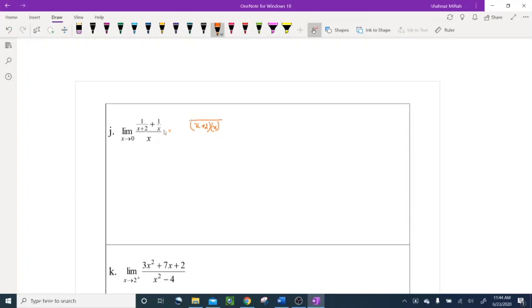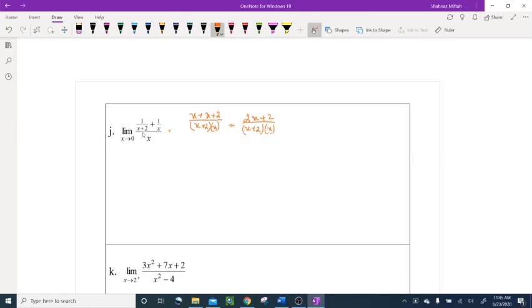Now multiply straight, multiply, what is it called? Butterfly. Do the butterfly multiplication. So it's going to give me x plus 2, right? Then I have to solve this further. It's going to give me 2x plus 2 over x plus 2 and x, right?